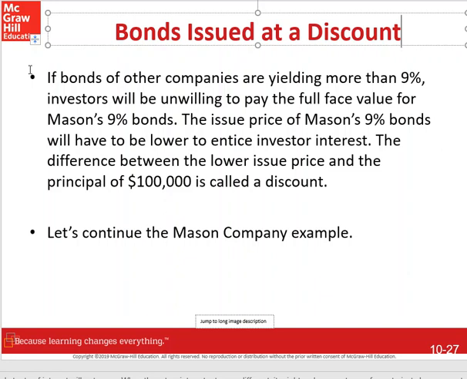The issue price of Mason's 9% bonds will have to be lower to entice investors and potential bondholders to want to buy them. The difference between the lower issue price and the principal of $100,000 is what we call a discount. So Mason's going to keep issuing their bonds at 9%, but if other people are paying 10%, they're going to have to issue at a discount.